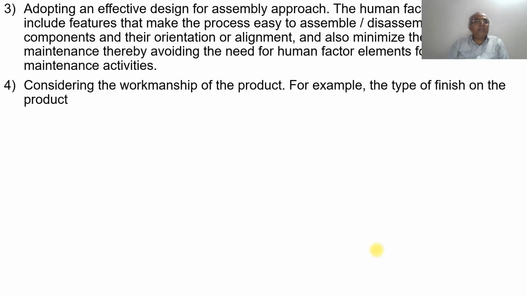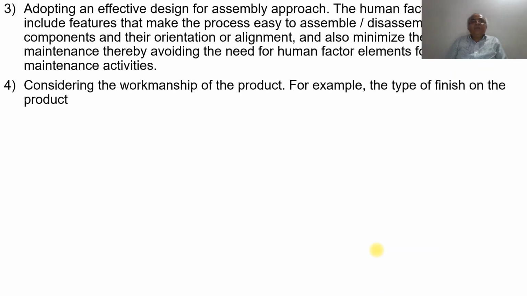Then comes adopting an effective design for assembly approach. The human factor elements include features that make the process easy to assemble or disassemble components, their orientation or alignment, and also minimize the need for maintenance, thereby avoiding the need for human factor elements focused on maintenance activities.